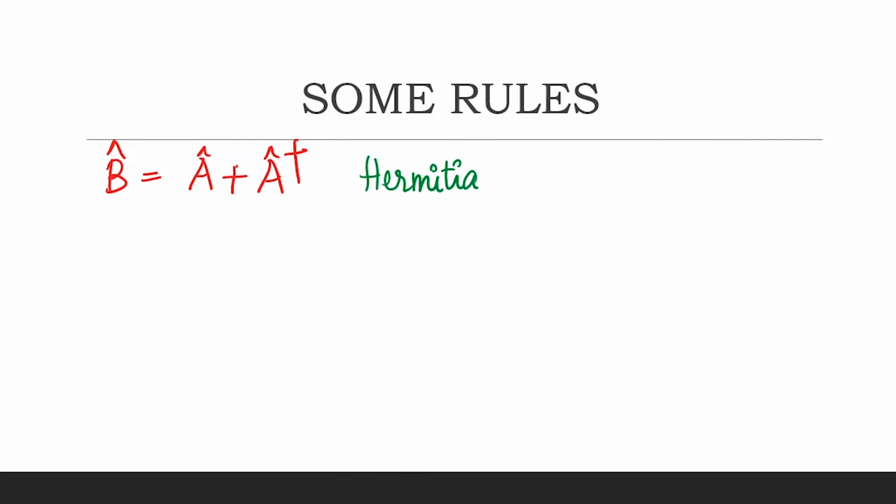So let's take an operator B which is equal to A cap plus A cap adjoint. We have to check whether this operator is Hermitian or anti-Hermitian.